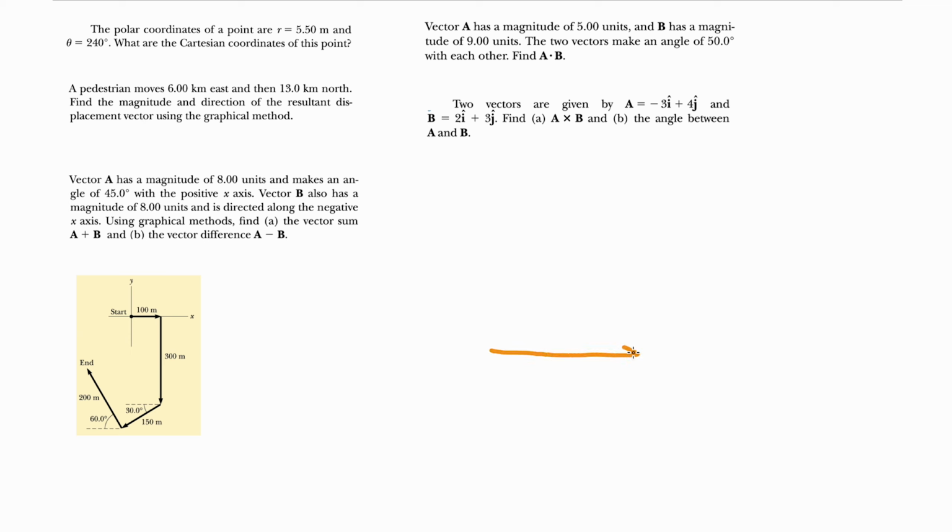That's quite easy. This is our displacement of 6 kilometers on the east, and this is our displacement of 13 kilometers on north. This is our resulting displacement, which is the vector that we would like to find.